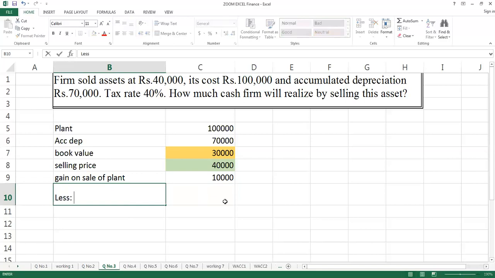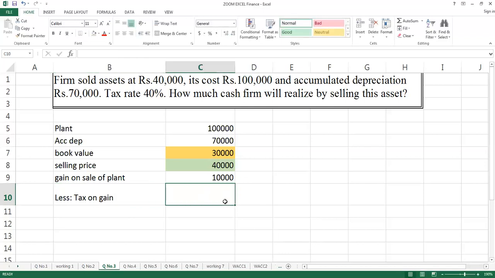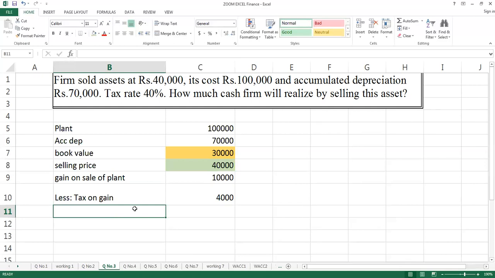Whenever you show a gain, tax is applied on the gain. So how much tax will you pay? This multiplied by the tax rate which is given in the question, which is 0.4. So you sold a plant at 40,000, but since on this sale you showed a gain of 10,000, you need to pay tax on it. So what is the cash inflow by selling?